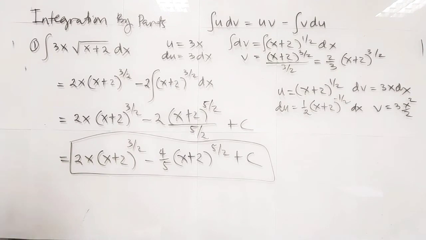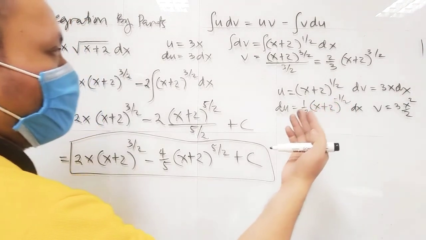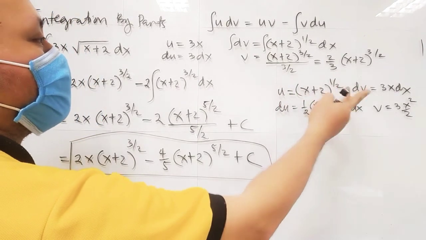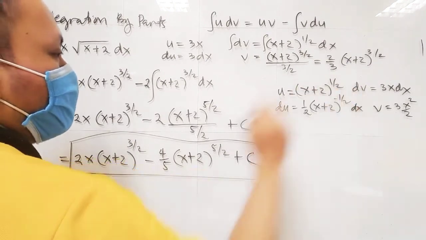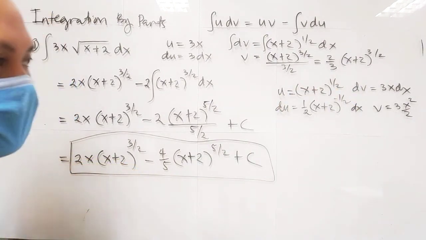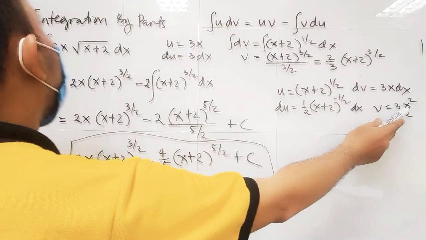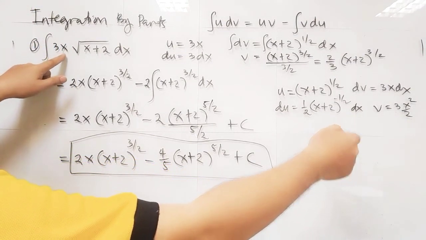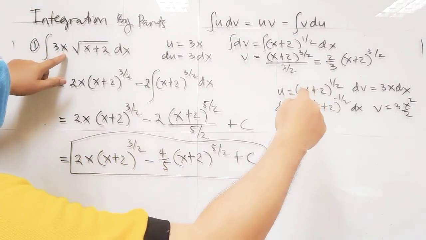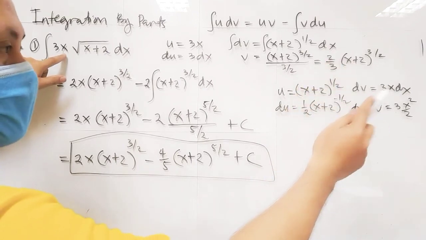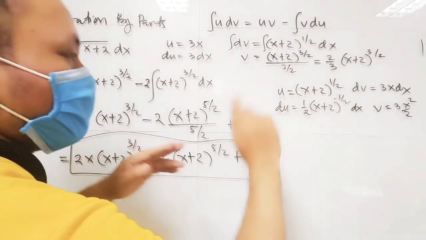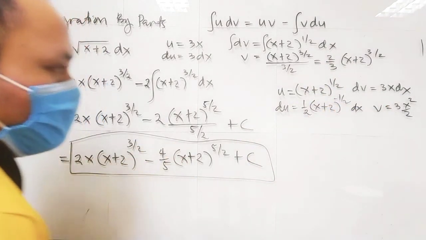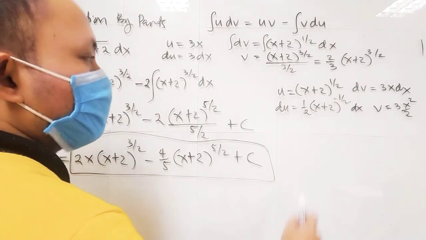Okay, so what we did is change the values of u and dv. The main reason is the exponent for x is increasing, so we will not find the final answer. So you have to change your u and dv.